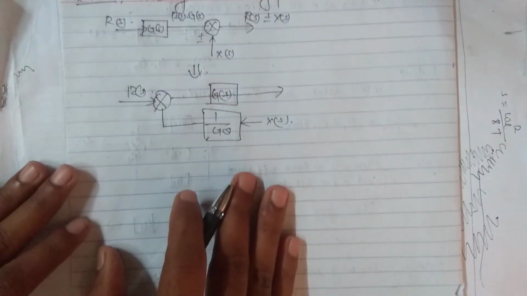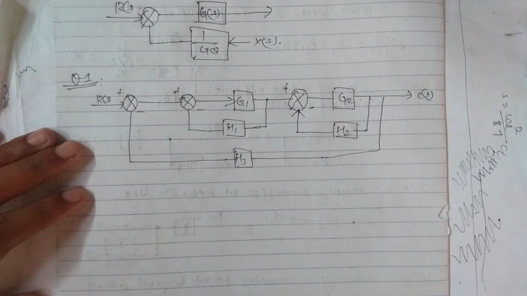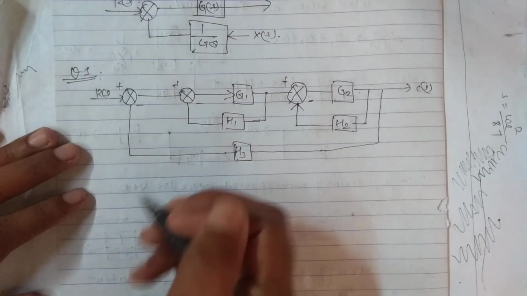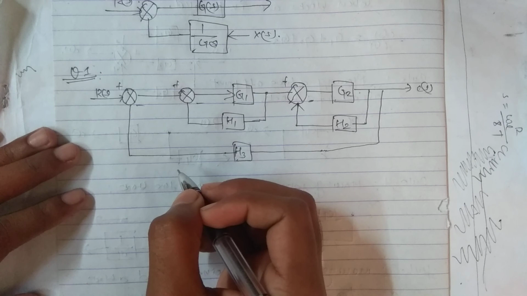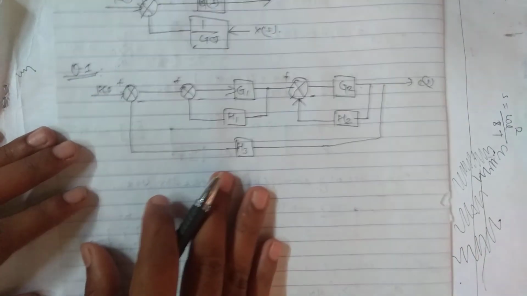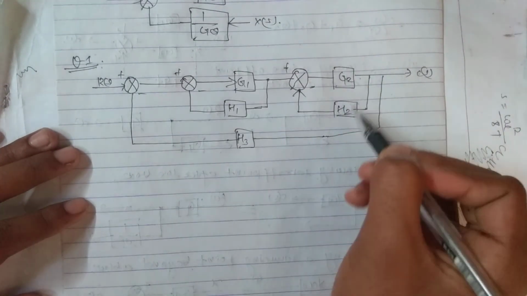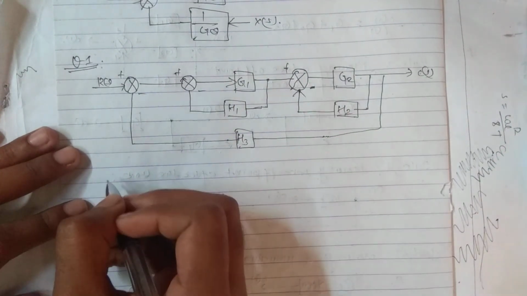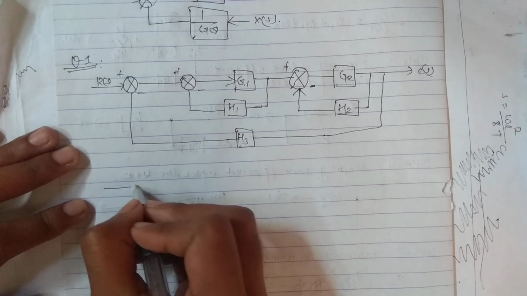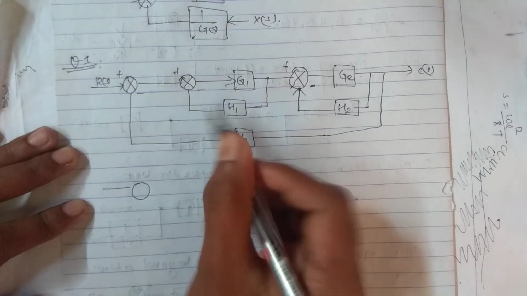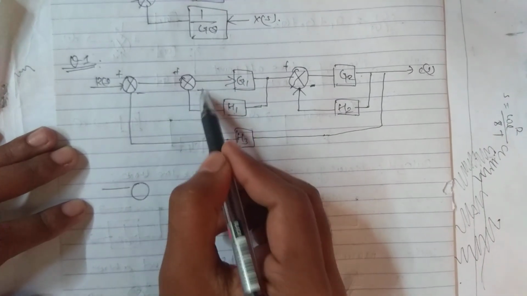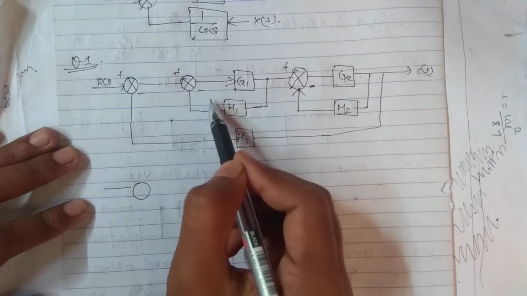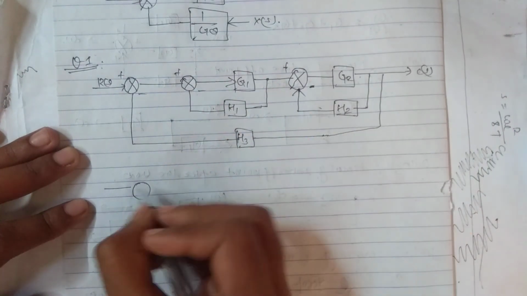Now I am going to solve a problem related to this. Here we need to find the transfer function using block diagram reduction techniques. Here we have G2 and H2. Since we have negative feedback here, and again we have G1 and H1, and this is also negative feedback, these two can be reduced.